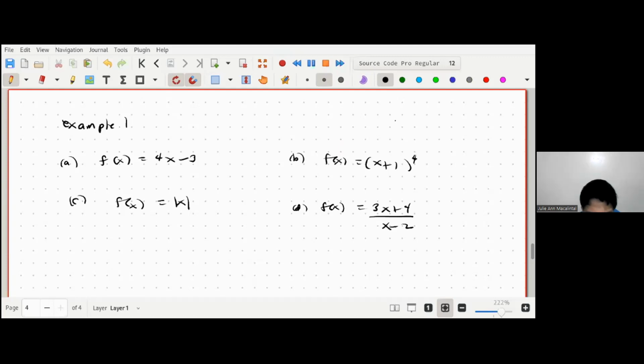So ito yung example 1 to. This is on page 425. So pakigraph sa Desmos. Tapos tingnan natin kung one-to-one ba siya or hindi.